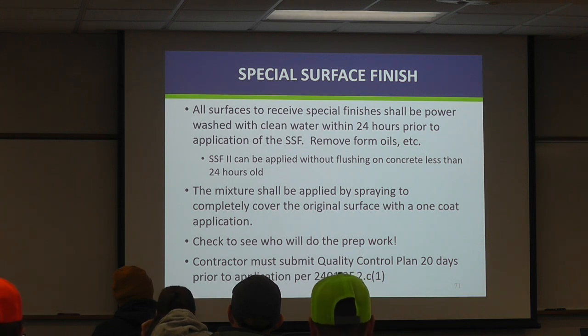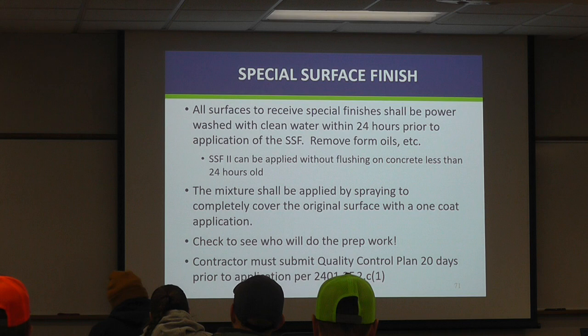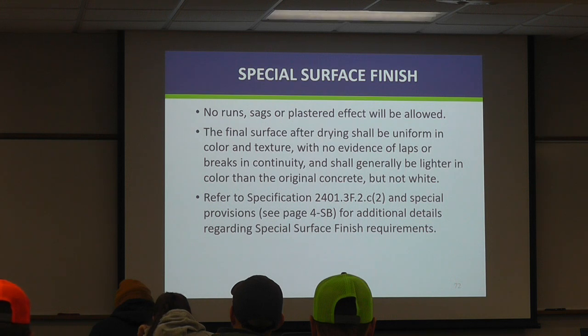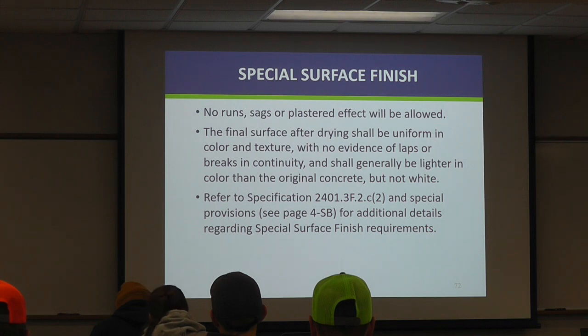Contractor has to submit a quality control plan for this. So the specs have a lot of different things on quality, and obviously we don't want runs, sags, plaster defects, stuff like that. It has to be uniform, and no evidence of lapse or breaks in continuity.